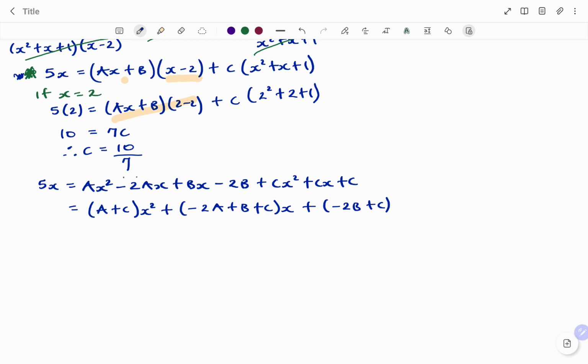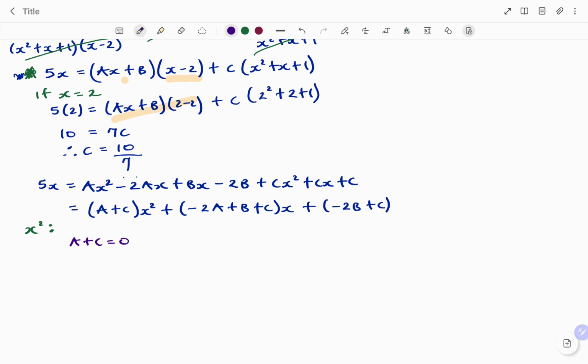Now, if you look at the left hand side, I don't have any term in x squared. So what that means is my a plus c, that I start with as the coefficient of x squared, I'm going to put that in a column. For the coefficient of x squared, on my left hand side is 0, on my right hand is a plus c, so I have a plus c equals 0.